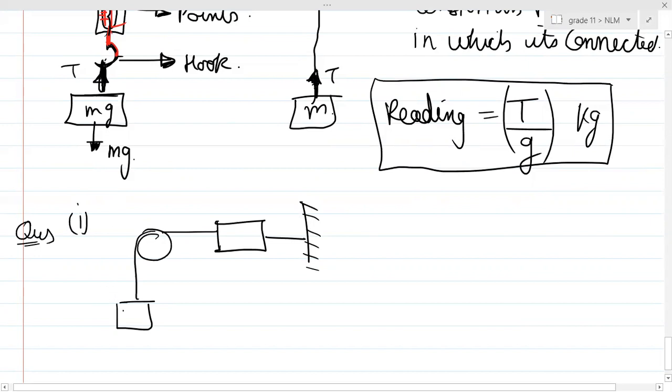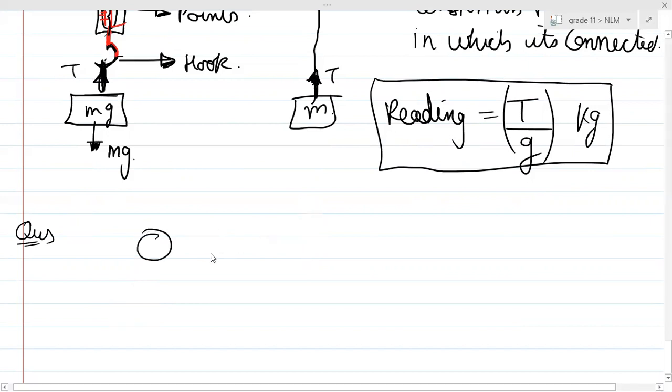Let's say there is a 20 kg block. Suppose there is a spring balance. This box is basically the spring balance, and it is connected directly to the block of mass 20 kg.